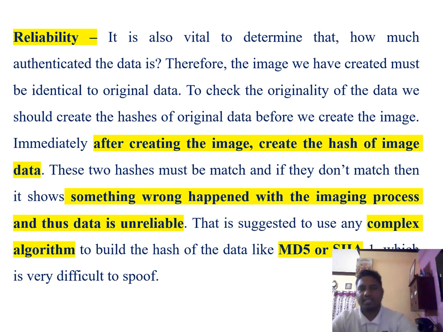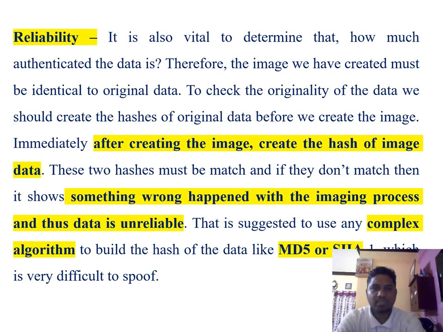The next one is reliability. It is also vital to determine how authentic the data is, so the image we have created must be identical to the original data. To check the originality of the data, we should create a hash of our original data before we create the image, and immediately after creating the image, create a hash of the image data.